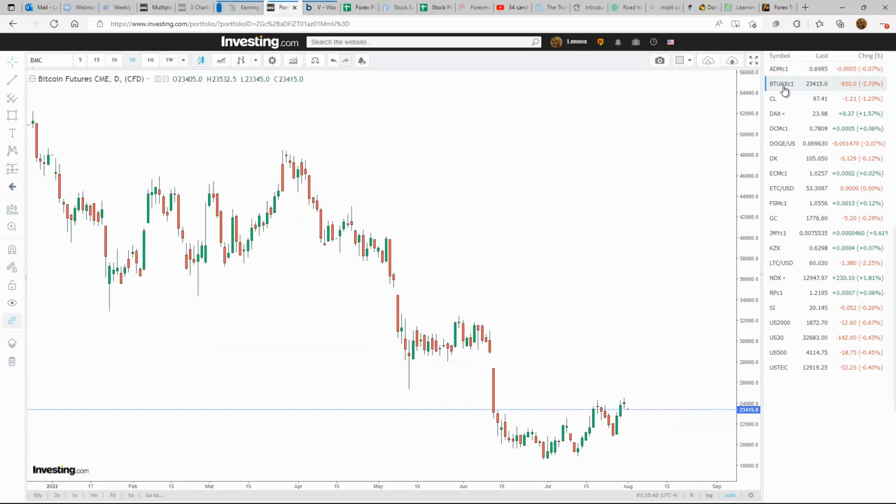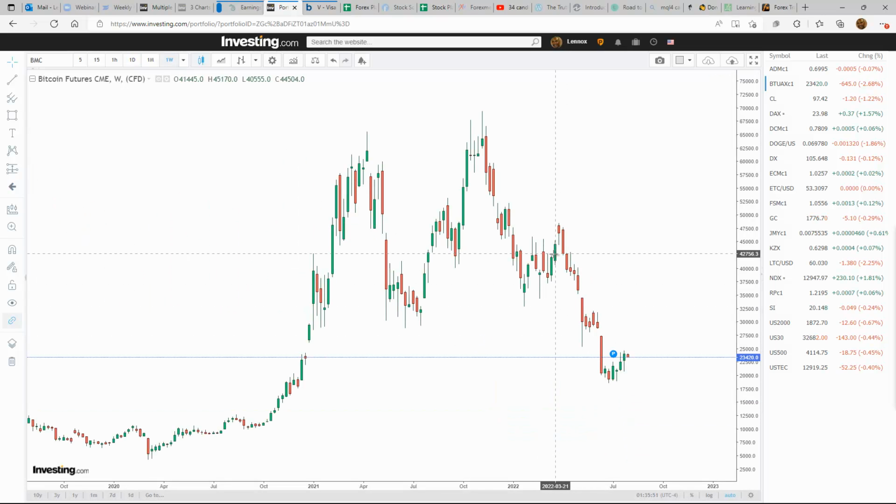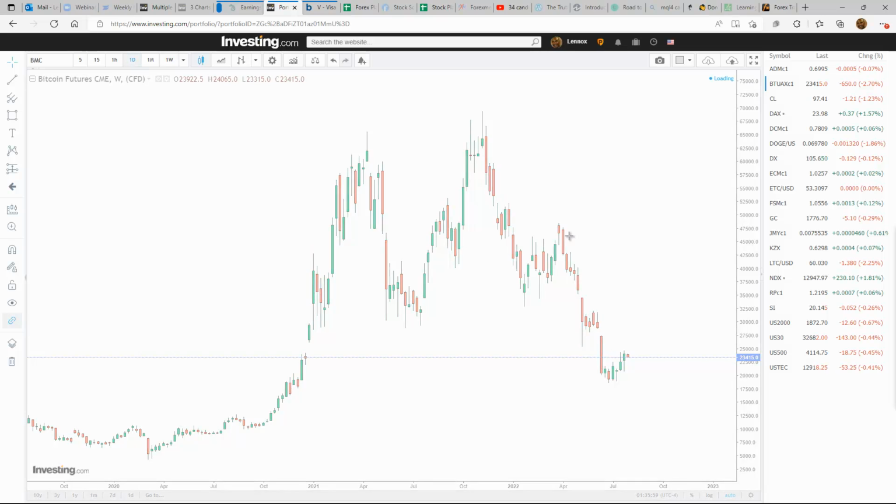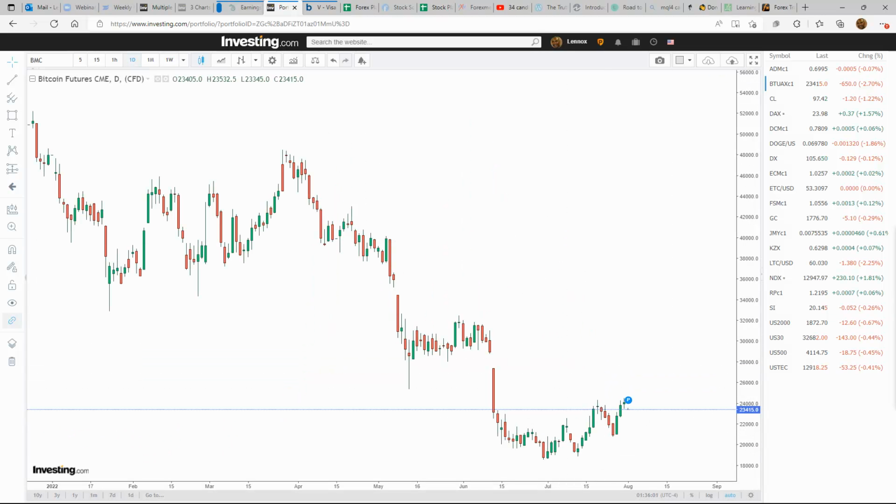Taking a look at Bitcoin. Bitcoin right now, on the weekly, you can see we've come down to a previous area of support. We've taken a little bit of a bounce, but it looks like it might be a short-lived bounce.